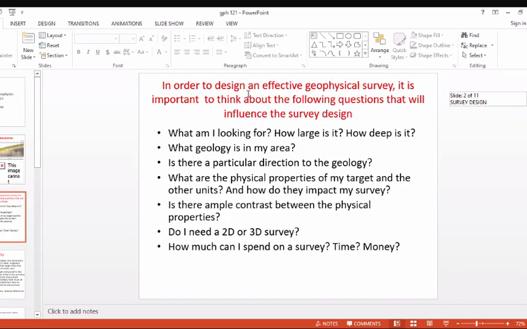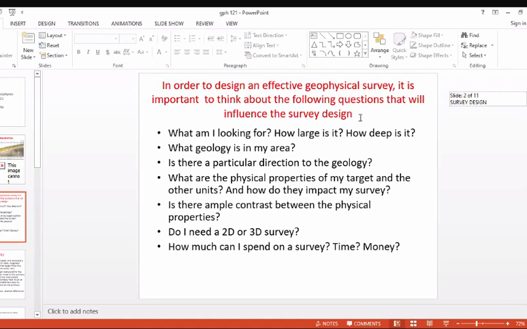In order to design an effective geophysical survey, that will influence the survey design, what are these questions?